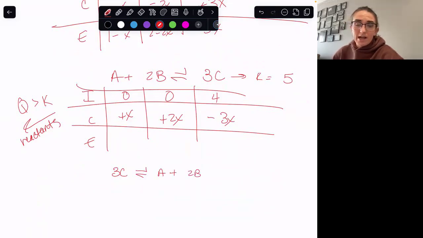I'm just now writing it as products to reactants being reactants to products. So this K is now 1 over 5. So when you do all of your math, you just need to make sure you use the inverse K if you do it that way. But don't worry about it. It'll be okay.